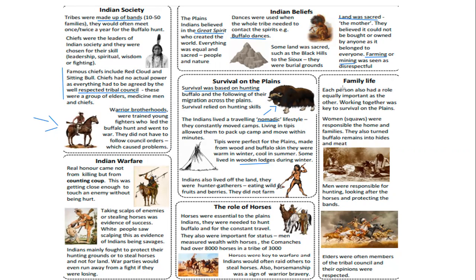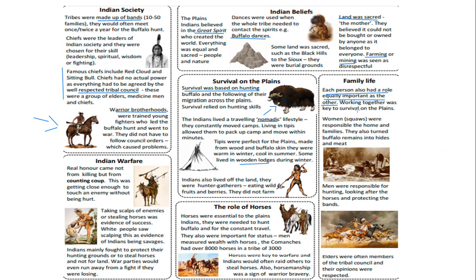Now, family life, each person had a role equally important as the other. So, whereas in other history topics, we talk about how the woman's maybe less equal than the man, that is totally the opposite in Native American society. All right, women, also known as squaws, were responsible for the home and the family.